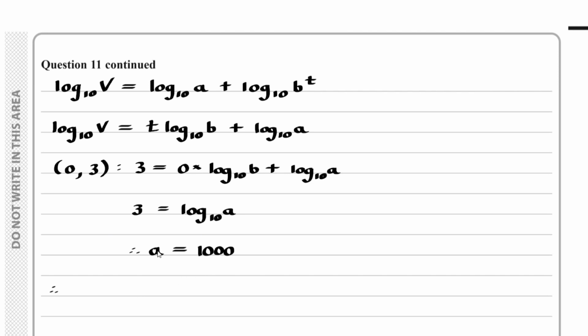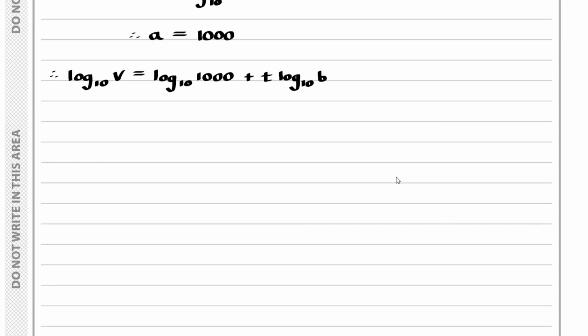And if a is 1000, that means we have log base 10 of v equals log base 10 of 1000, because that's what a is, plus t multiplied by log base 10 of b. And log base 10 of 1000 is 3. So we have log base 10 of v equals 3 plus t multiplied by log base 10 of b.